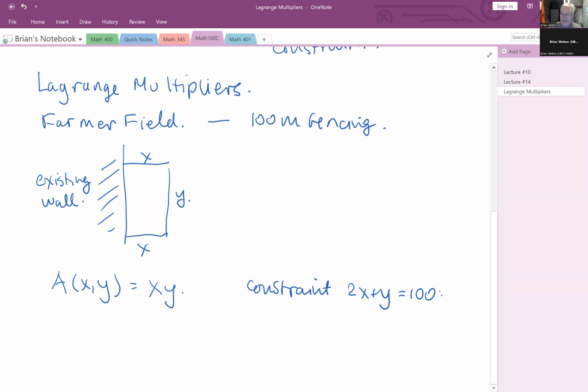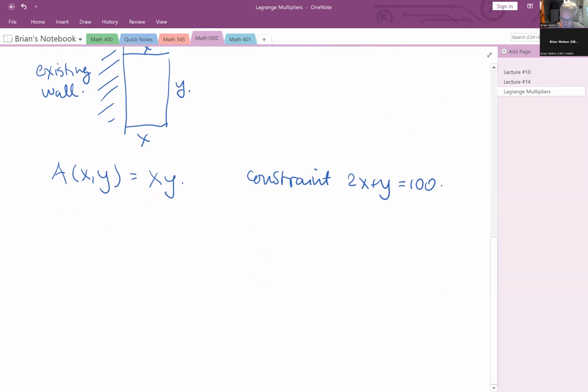Let's see how we went about solving this last time. We weren't comfortable with functions of two variables, so we eliminated the constraint and ended up with a function of one variable. So we said, let's eliminate y. Now we have an area function of x, where all the y's are replaced by this relationship with x.